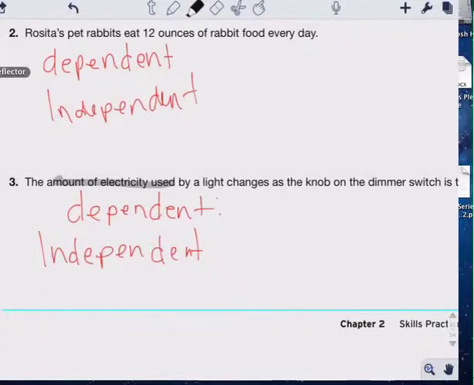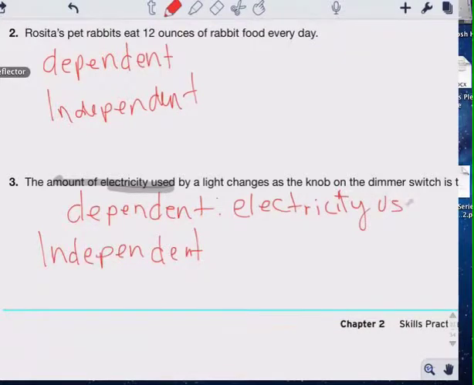So when you turn the switch on, it will determine how much electricity you use, correct? Yes. So the dependent variable is the electricity used. The electricity that you use can be determined by turning it on.